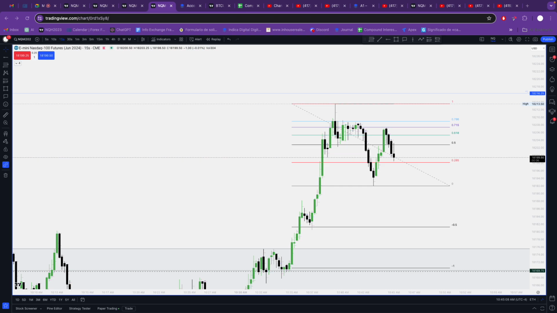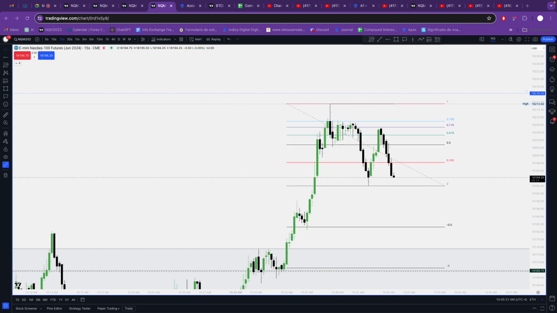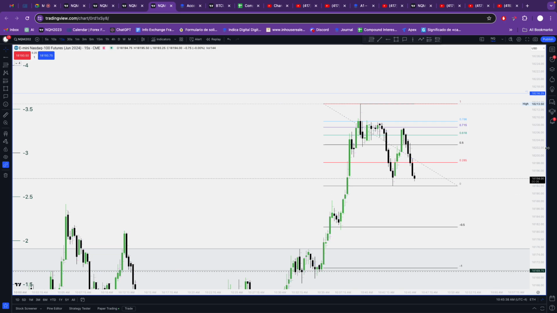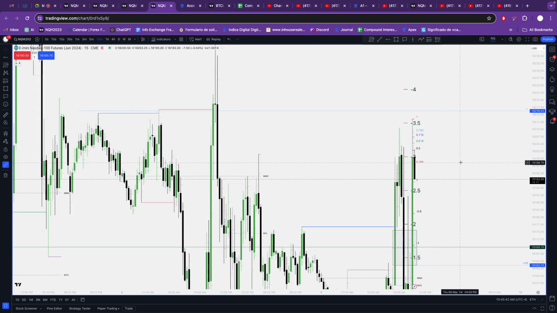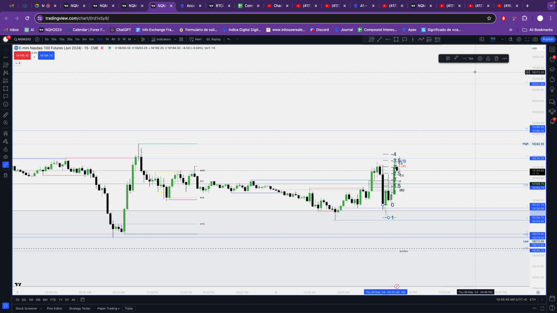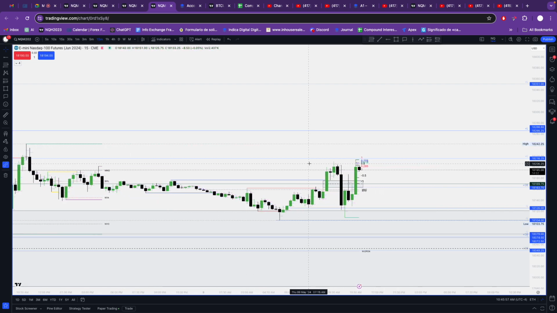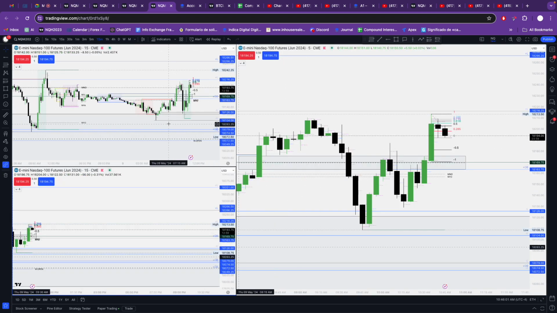It's consolidating right now on the higher time frame.